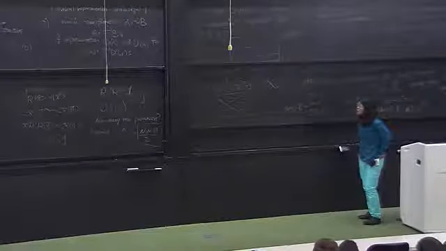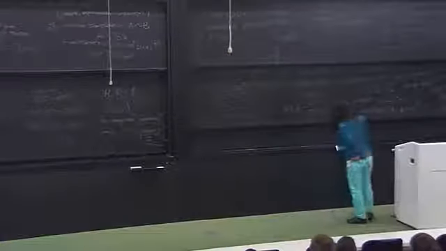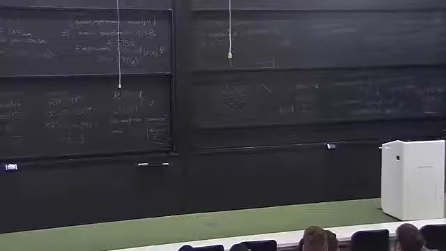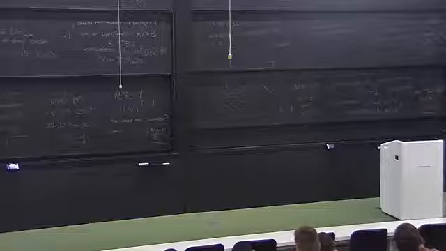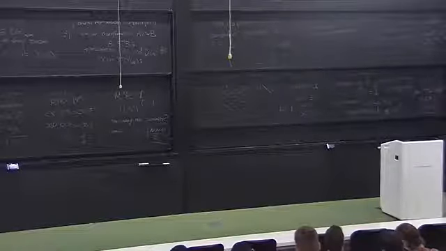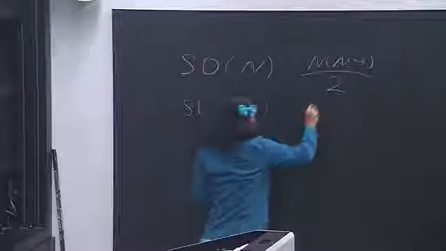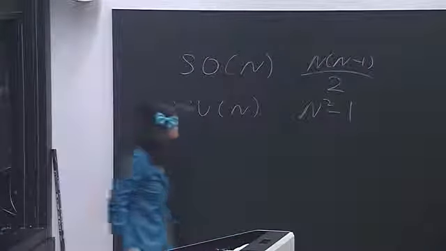Okay, the final remark. Let's write down the important knowledge from this class. SON is described by n times n minus 1 divided by 2 parameters. And SUN has number of parameters n squared minus 1.